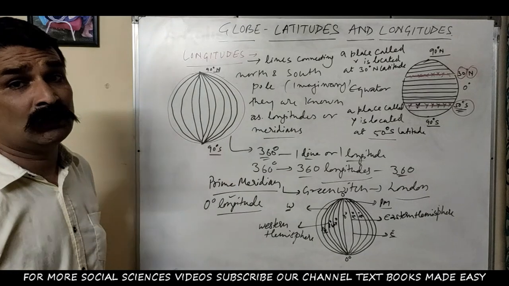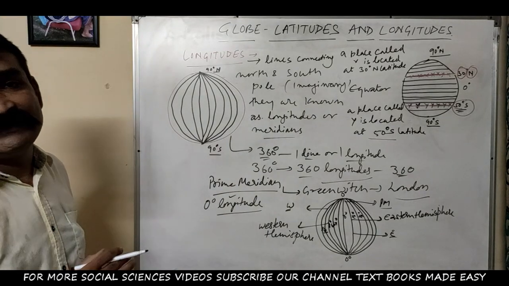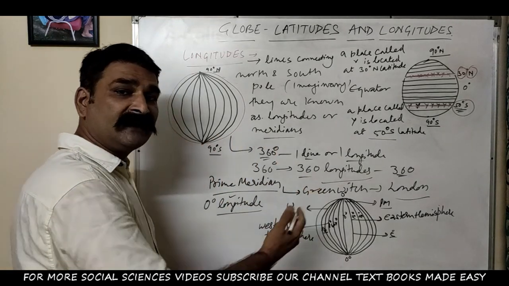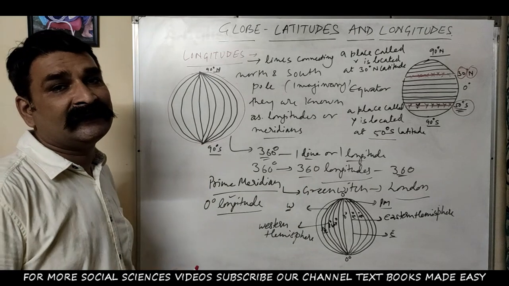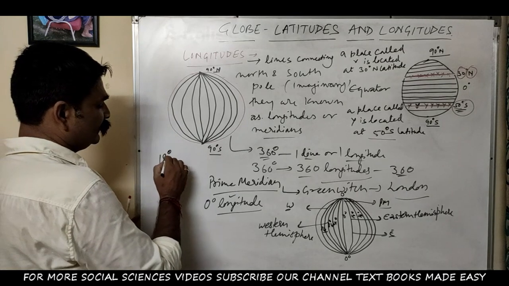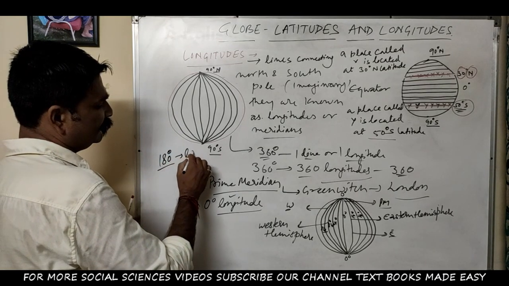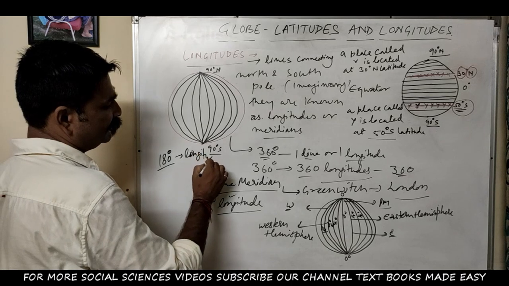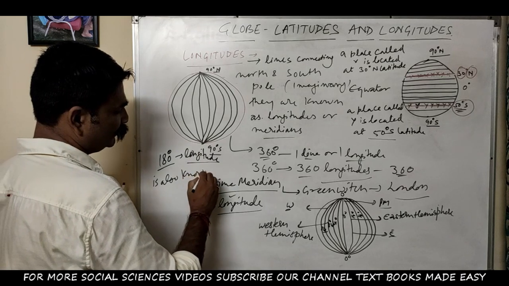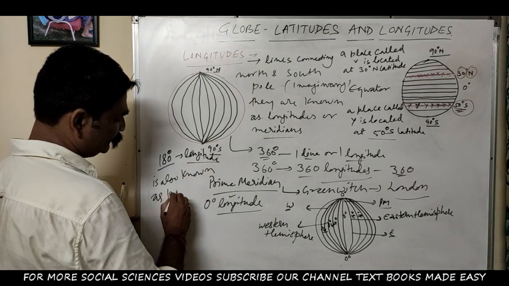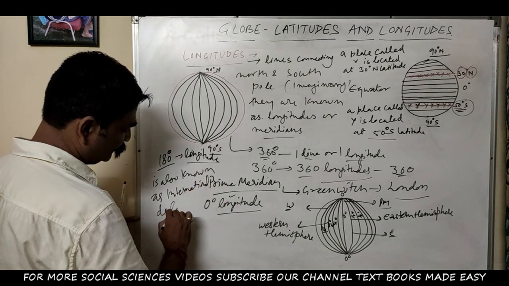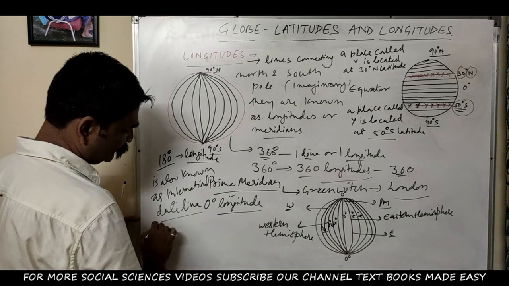It will continue till 180 degree, and 180 degree is just opposite to 0 degree, and that 180 degree longitude is also known as the international date line.